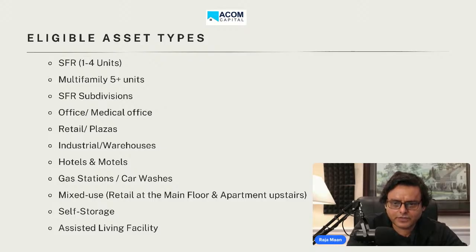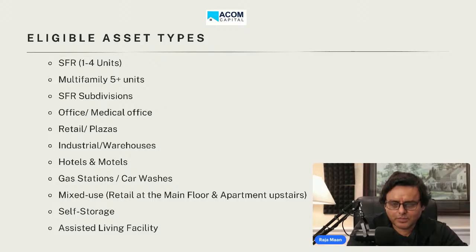Single family residential subdivisions, like somebody building 20 homes, 50 homes, 100 homes, 200 homes. We can fund those single family subdivisions. Just to clarify, for single family residential, 1 to 4 units, we can go up to 85% loan to cost.